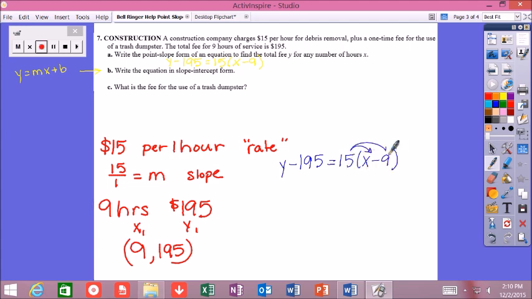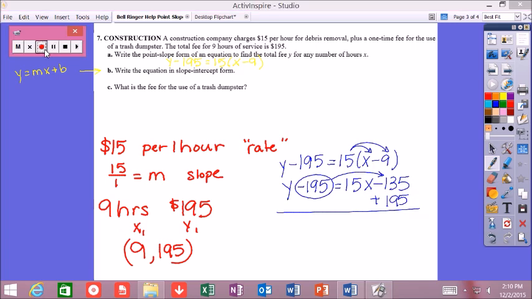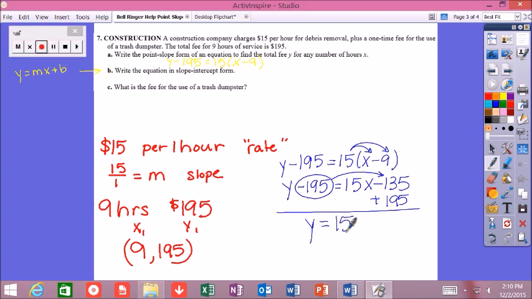The first thing I'll do is distribute the 15. y minus 195 equals 15x minus, and 15 times 9 is 135. Next, we'll need to isolate y by adding 195 to both sides. Use your calculator or the calculator between your ears. -135 plus 195 is 60, and our equation is y equals 15x plus 60.